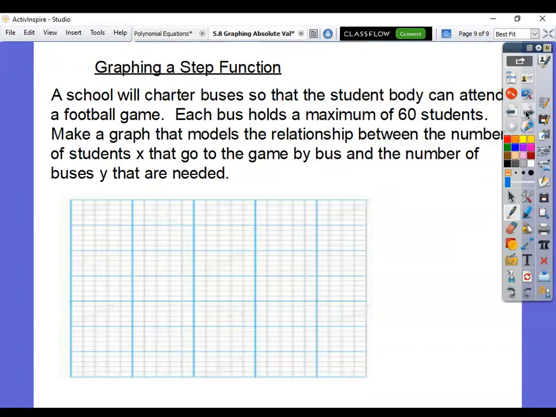Okay, a school will charter buses so that the student body can attend a football game. Each bus holds a maximum of 60 students. Make a graph that models the relationship between the number of students X that go to the game by bus and the number of buses that are needed.